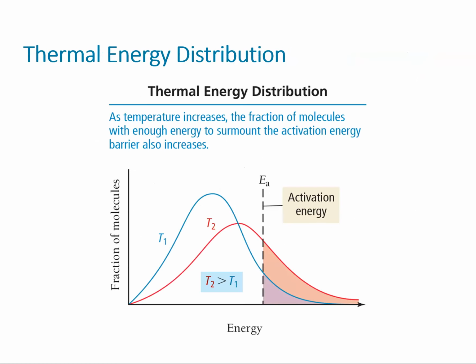And this is a really nice little diagram which demonstrates that. So in blue, at temperature 1, we have a nice Gaussian distribution, which is centered at my awful little red squiggle there. And you can see here we have our activation energy.